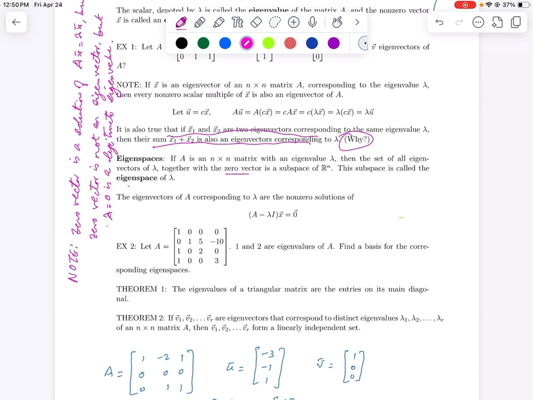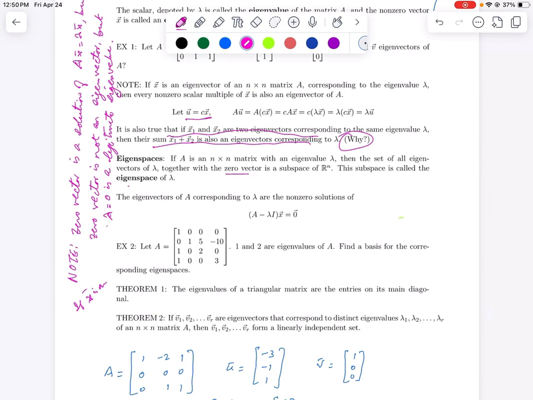Now in the last video we showed that if x is an eigenvector, then Cx will also be an eigenvector. And we showed that if x1 and x2 are eigenvectors, then x1 plus x2 is also an eigenvector.